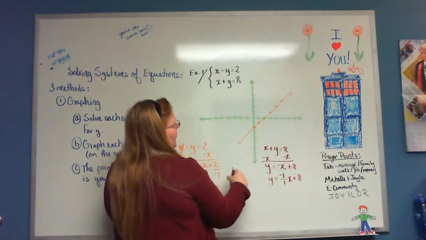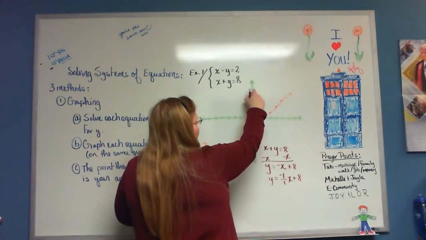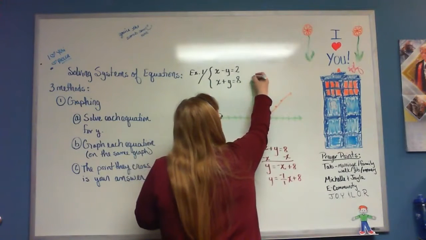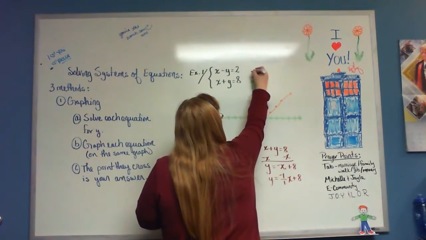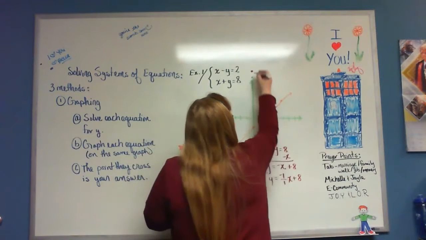So I have to start at 8. 8's a ways up for me. Hold on. 1, 2, 3, 4, 5, 6, 7-ish, 8-ish. And then from there, I go down 1 and over 1.